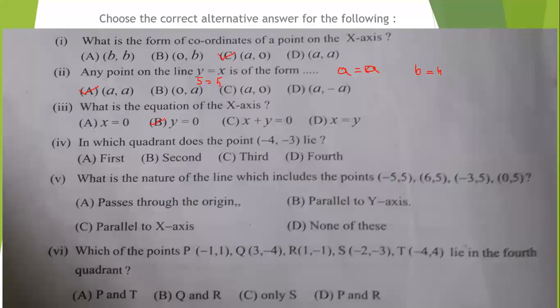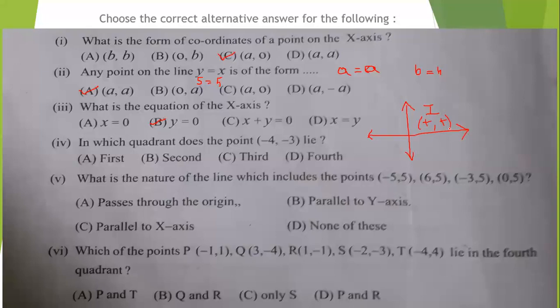Then, fourth one. In which quadrant does the point minus 4 comma minus 3 lie? So for this, let us quickly revise the quadrants. This is our first quadrant and the signs for the first quadrant are plus, comma, plus.